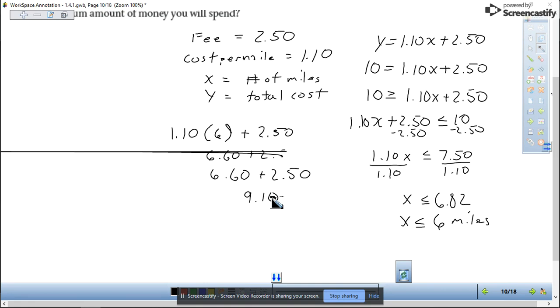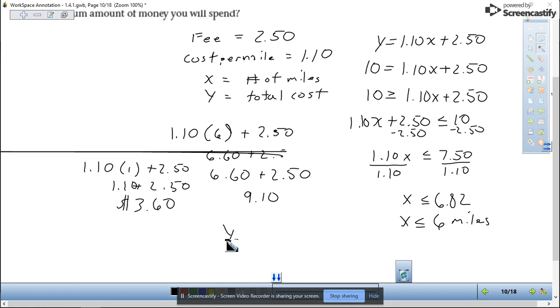Now let's talk about the least amount you can spend. If you get into the cab and get right back out, he's not going to charge you the $2.50 because you didn't go anywhere. So what's the least distance they're going to charge you for? Well, that's 1 mile. If you only traveled 1 mile, he's going to charge you 1.10 plus the 2.50, which is $3.60.